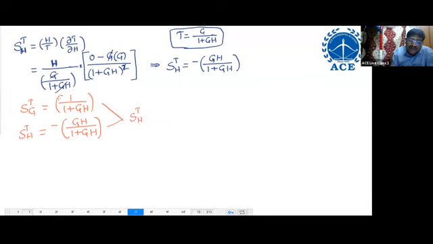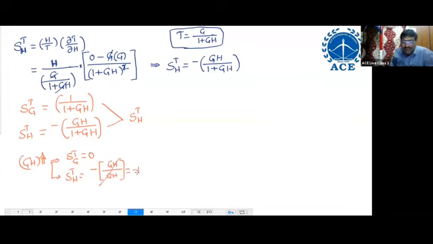Take the magnitude, for example. If GH is very large, what is STG? 0. What is STH? Minus of GH: with GH very large, the 1 is neglected, numerator GH and denominator GH both cancel, giving minus 1. If you consider the magnitude, it becomes 1.